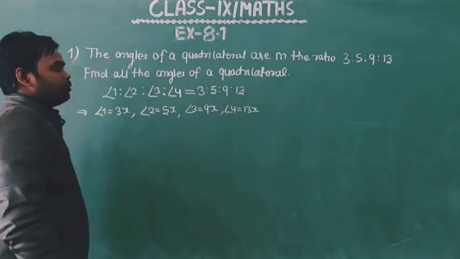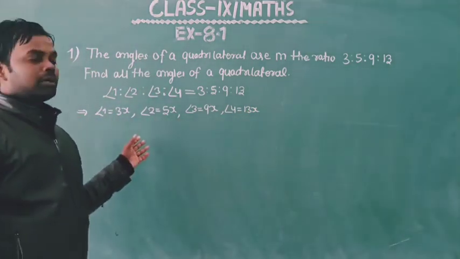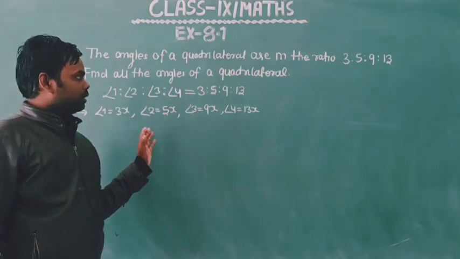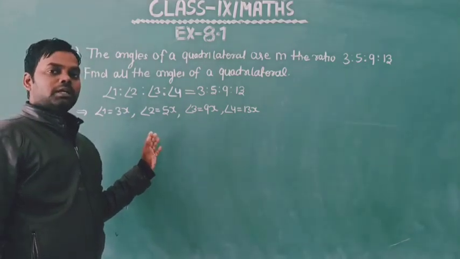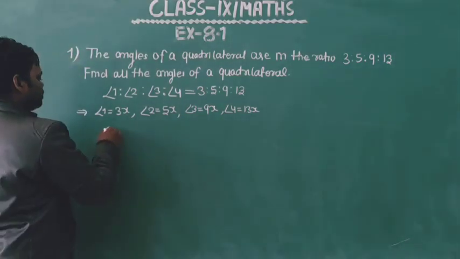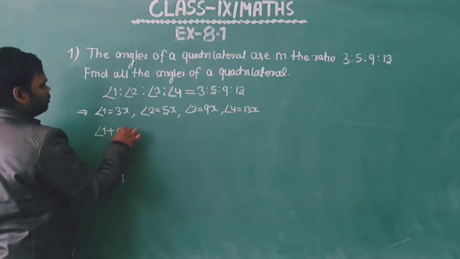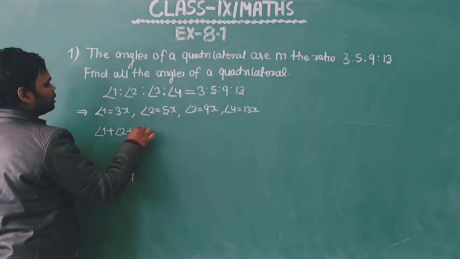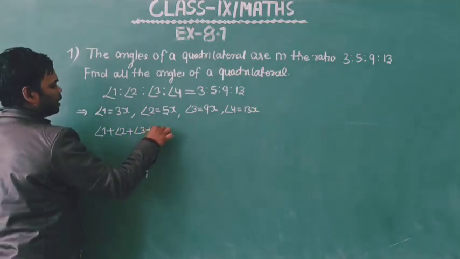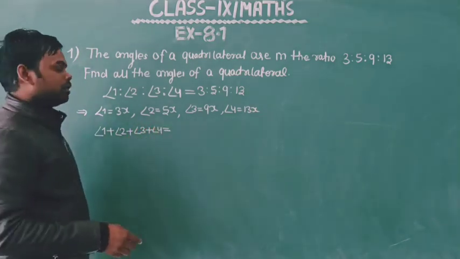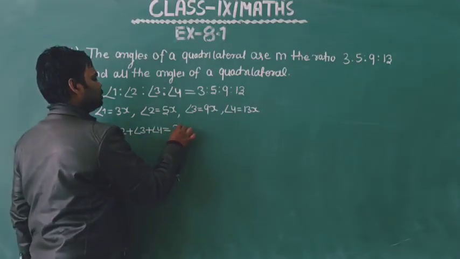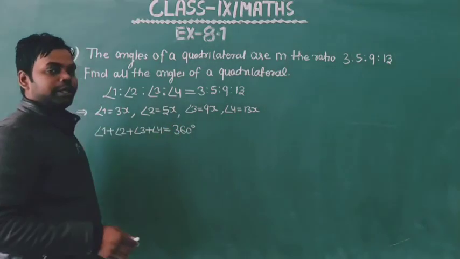And dear children, as we know, by the angle sum property of a quadrilateral, the sum of the angles of the quadrilateral is 360 degrees. So angle 1 plus angle 2 plus angle 3 plus angle 4 is equal to 360 degrees.